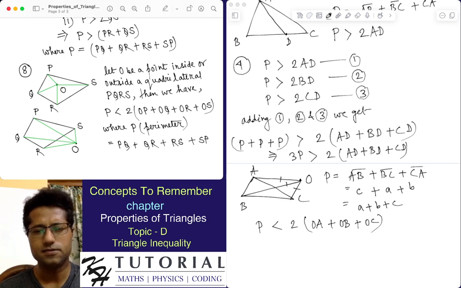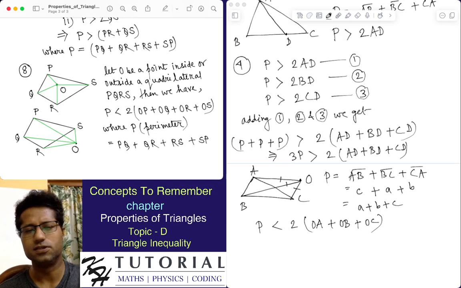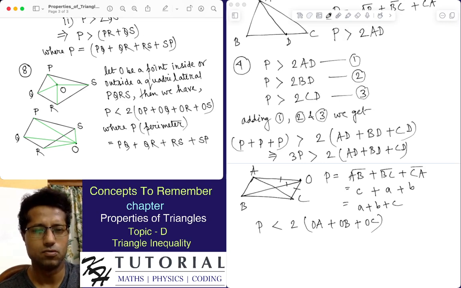The relation we get is that the perimeter P of the quadrilateral is less than twice the sum of the line segments formed. The line segments formed are OP, OQ, OR and OS. So we will have P less than twice OP plus OQ plus OR plus OS.